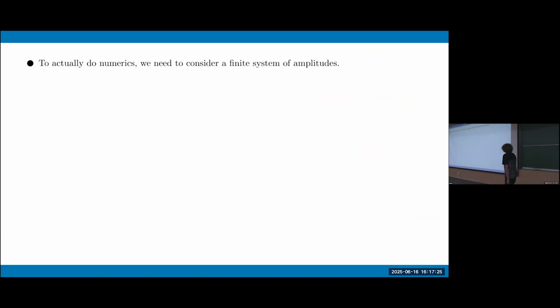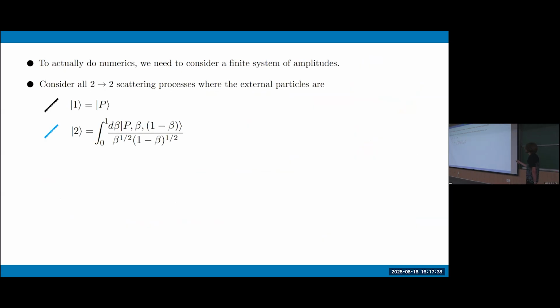Now, I'm going to discuss an explicit computation. So we'll do actually numerical bootstrap to obtain bounds on the dynamics. And to do so, we need to consider a finite system of amplitudes so we can put it in the computer. So we'll consider amplitudes made out of two states, namely the single particle state of a single Goldstone and this two particle state given by integrating the two particle state against this wave function.